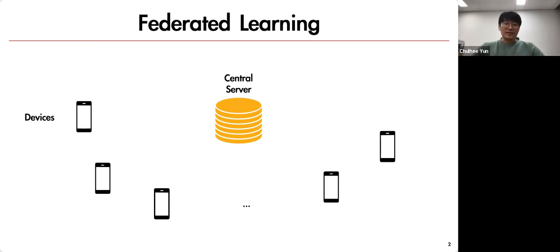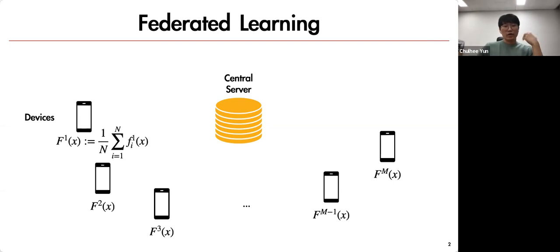So there's a central server and M different local devices or machines. You can think of this server as maybe a server run by Google or Apple, and the local devices as your smartphones. Each device or machine has its own local objective function, F_m, which is the mean of n local component functions.